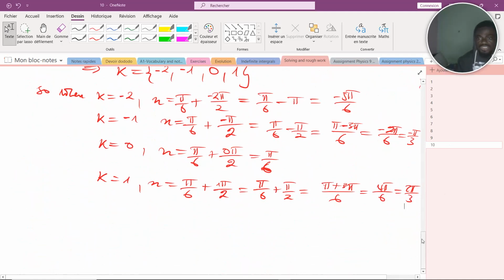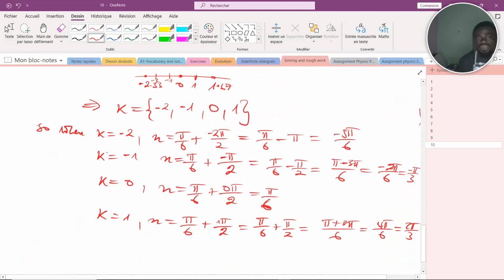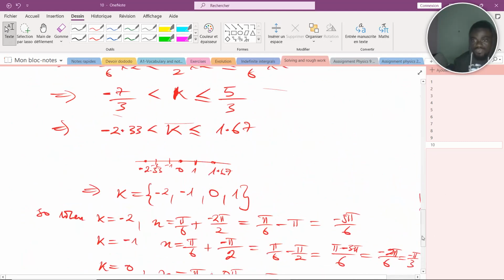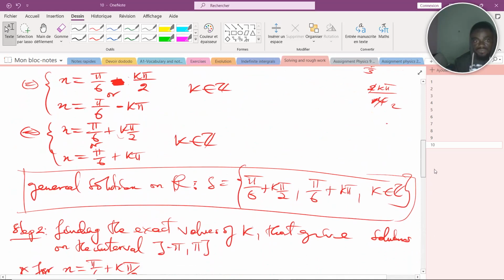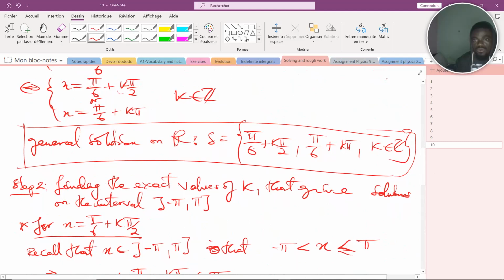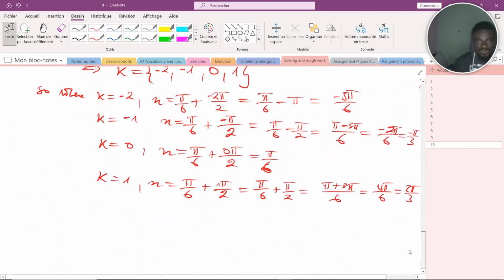So you see now that you easily know the values when you use this approach. You easily know the values of k that you will have to substitute. So we have already finished with this first one. We have to do the same thing for this other one. Okay, we are finished with it.